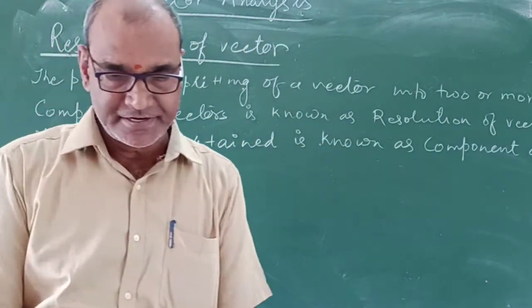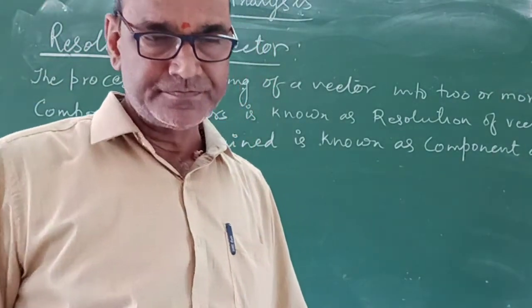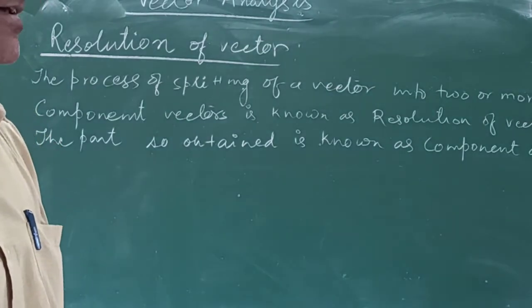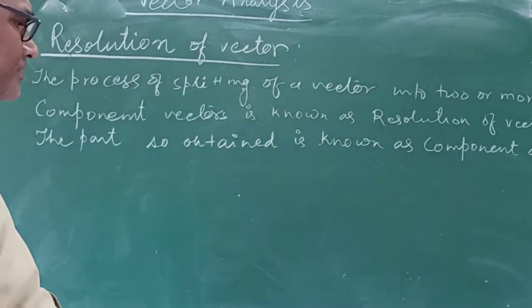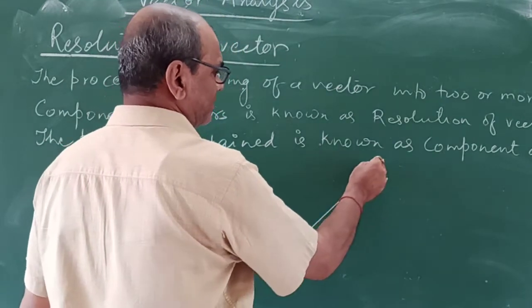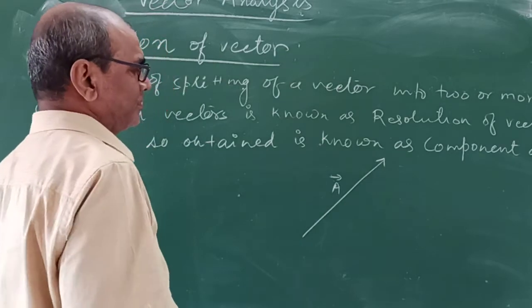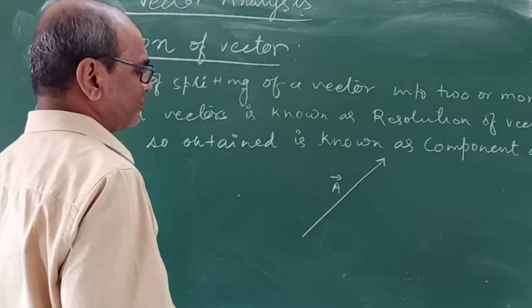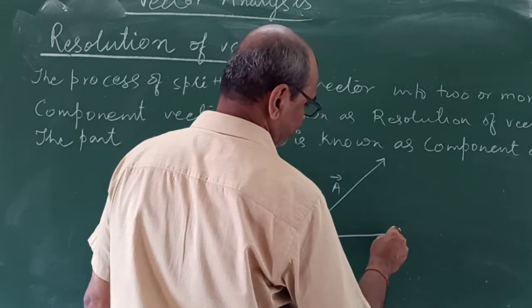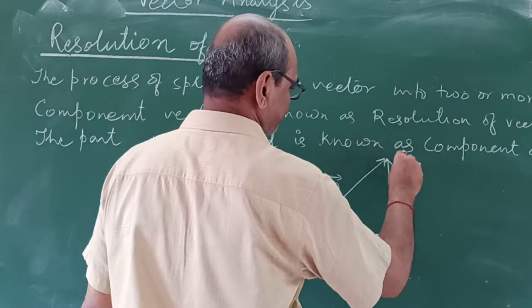Now we apply. Suppose a vector A, we want to resolve into two component vectors, small a and small b.